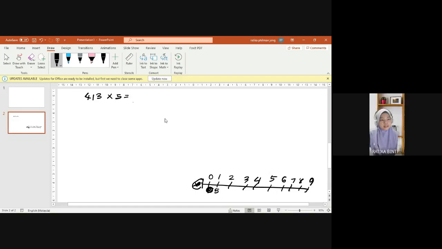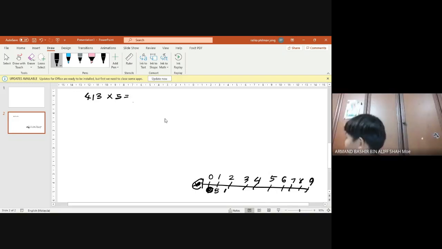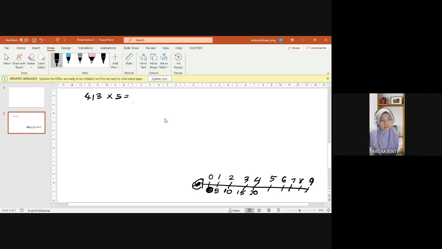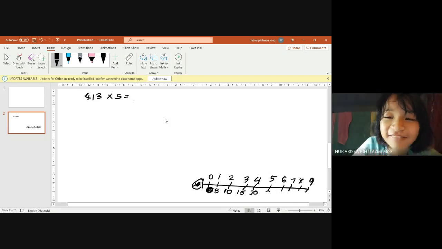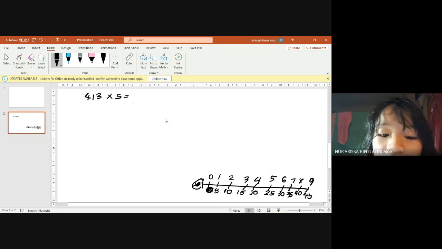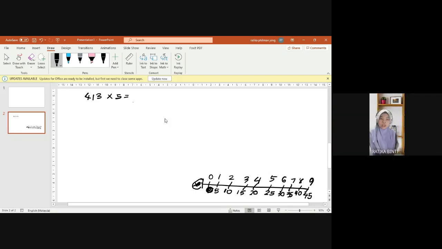Then 10, then 15. Very good. After that, 20, very good, Arisa. 25. Then 30, very good. Then 35, very good. Then 40, very good. Last one? 45. Okay, so this is easy for you, right?